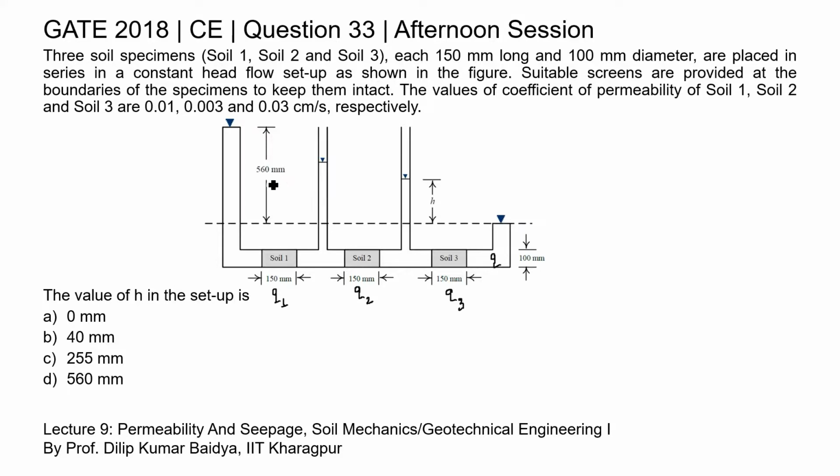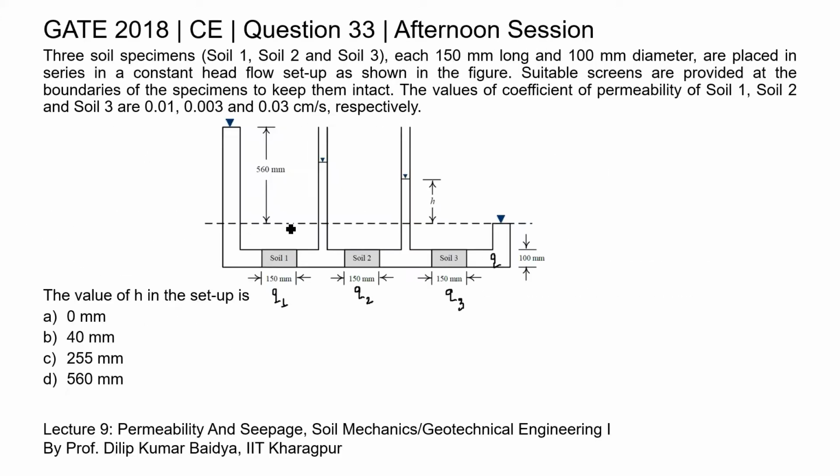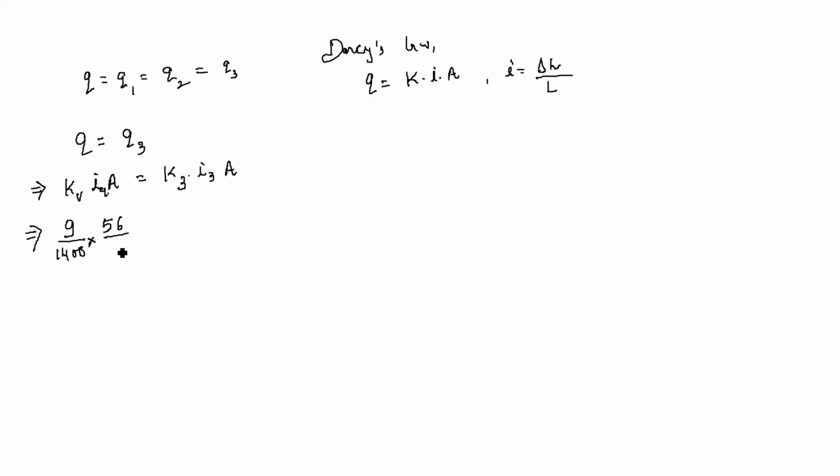The head causing flow here is 560 mm, that is 56 centimeter, divided by the length 15 plus 15 plus 15, which is 45.